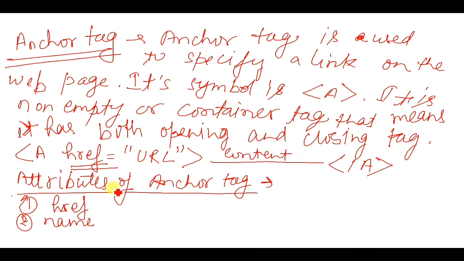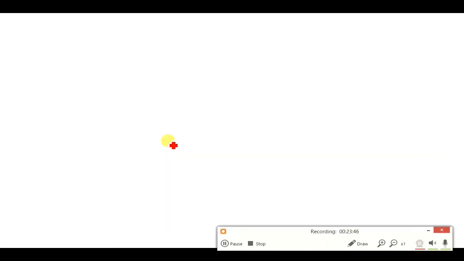Second is name. It specifies the name of the link. Third is title. It specifies the title of the link. And fourth is the alt tag, alternate tag. When the content is not shown, the text inside the alt will appear.